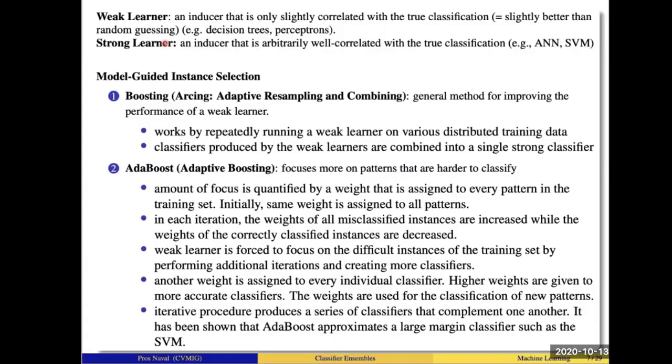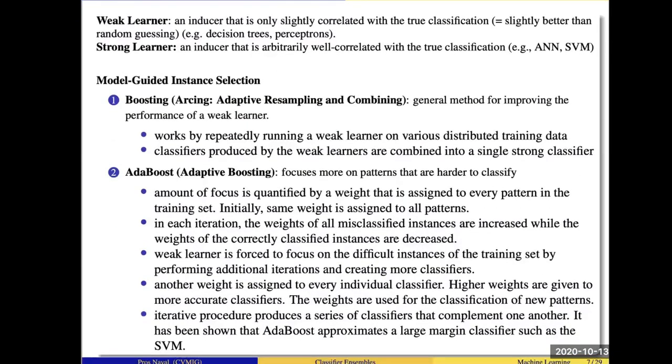Which one of them is the winner? I won't tell you now. You work on it yourself. But if you do it correctly, you will notice the difference in performance between SVM, which is a very powerful classifier, is very close to that of AdaBoost.